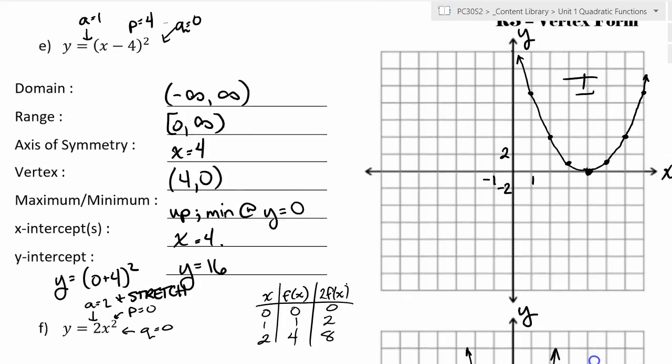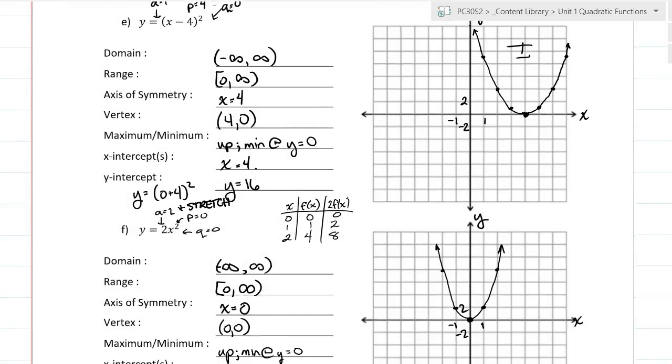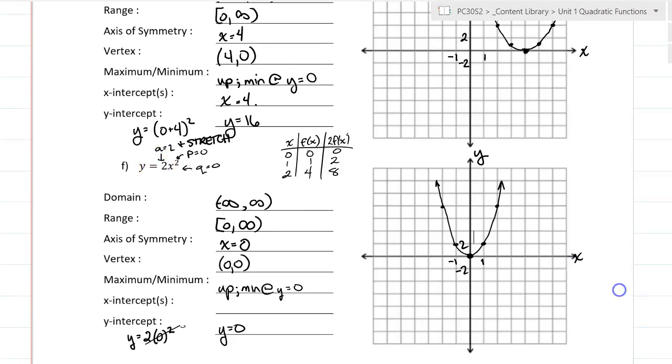So if we compare this to our previous example, if we look at those two graphs at the same time, we can visibly see that this one is narrower than the previous one. So that's what that value of A being bigger than 1 does. It makes it a narrower, taller graph.